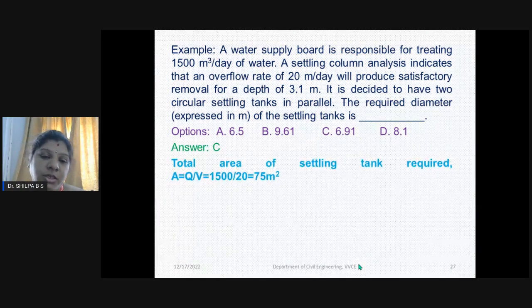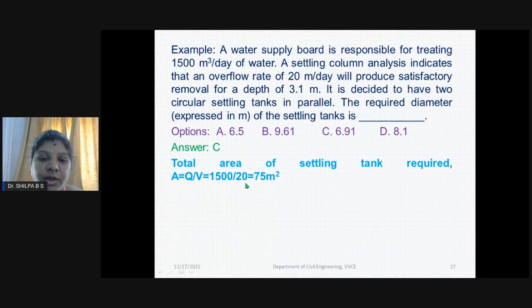The procedure is, we know that the total area of the settling tank we can calculate based on the flow rate by the velocity. So here flow rate is given 1500 and the velocity is given as 20 meter per day. So here also it is meter per day.